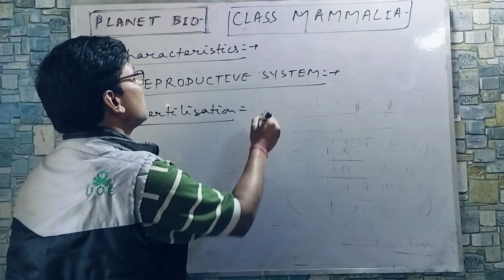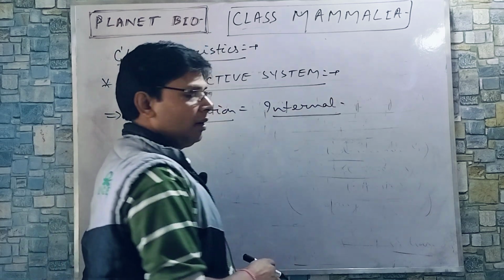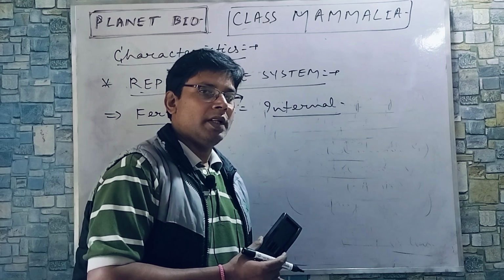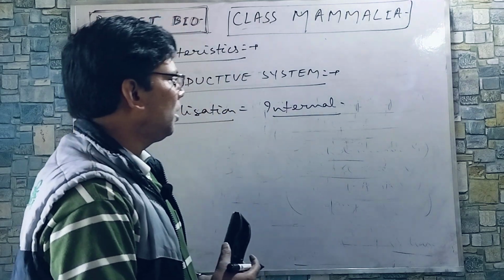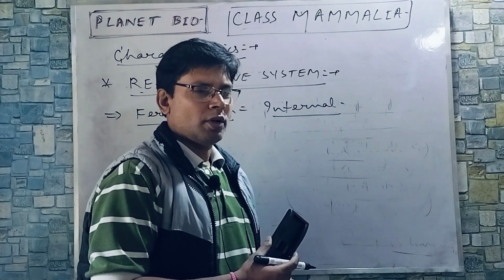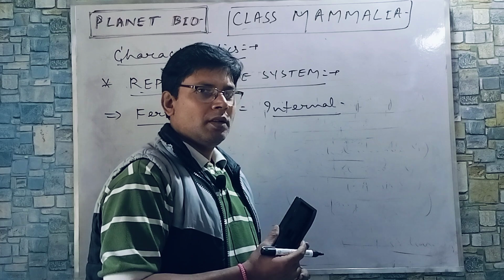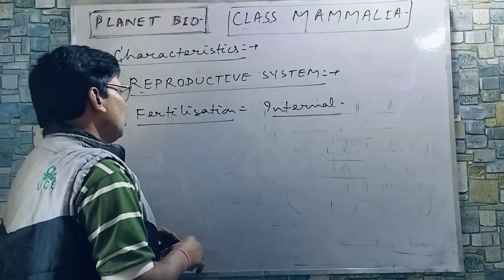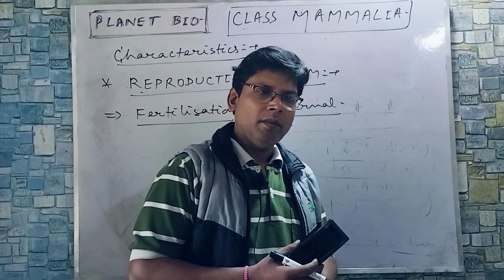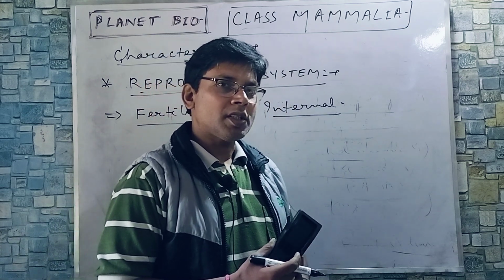Fertilization is internal. Basically, the habitat of most mammals is terrestrial, and that is the secondary adaptation. If you talk about blue whales, or bats with volant adaptation, mammals are found in different habitats, aquatic and terrestrial, with certain adaptations.